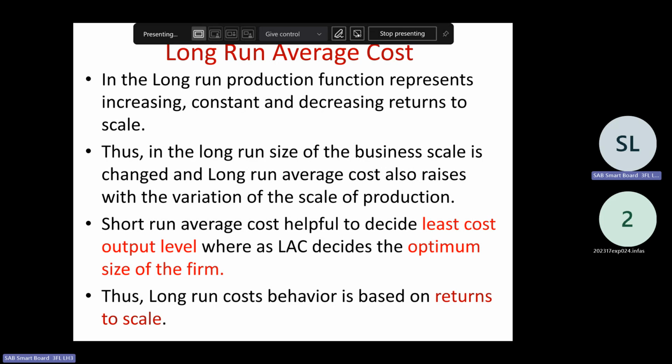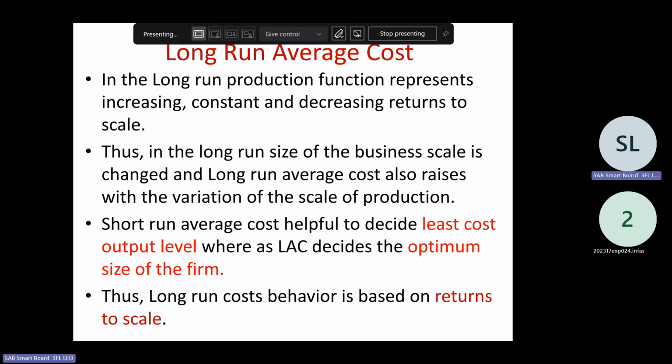In the long run, the returns to scale principle applies, with the change in all the factors, positive and negative, when the output level changes. So the long run average cost also explains the returns to scale principle. It is also U-shaped, and when you form the long run average cost curve, that is called the envelope curve.